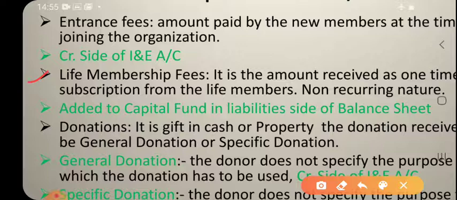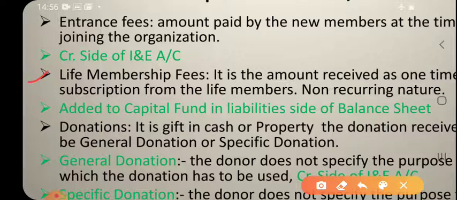Because it is a one time subscription, the nature of this type of income is non-recurring, so it is not going to be shown in income and expenditure account. We show this amount in the balance sheet, on the liability side, where we add this amount into capital fund. Am I clear for all of you?